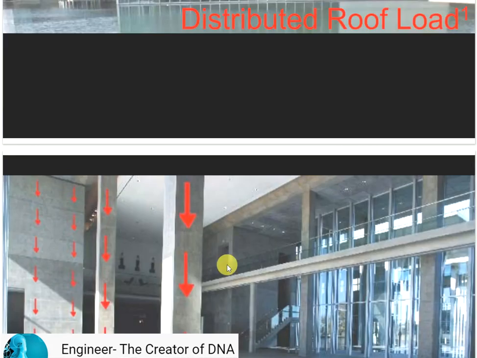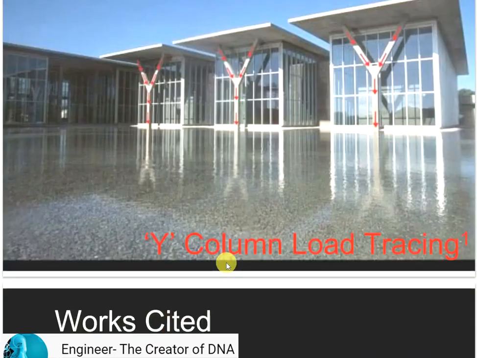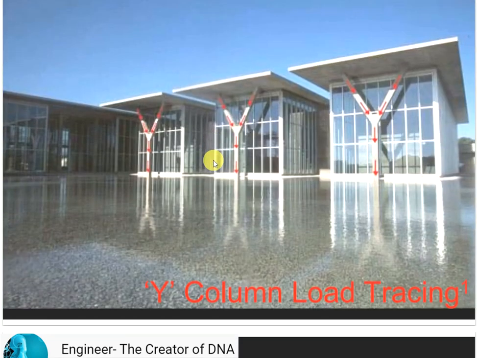This is the concept, and you can see how the load transfer is happening here to the Y column. This is a roof, and all the loads will be transferred to this column, this Y-shaped element, which passes to the center of a column.